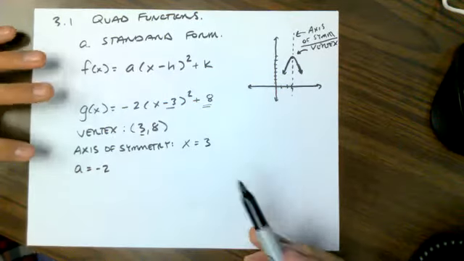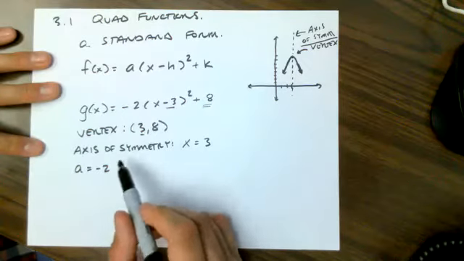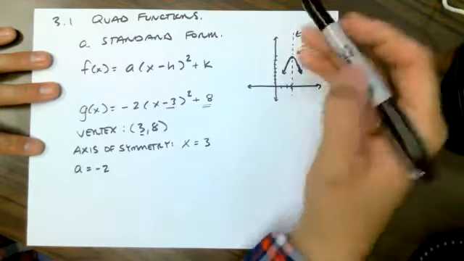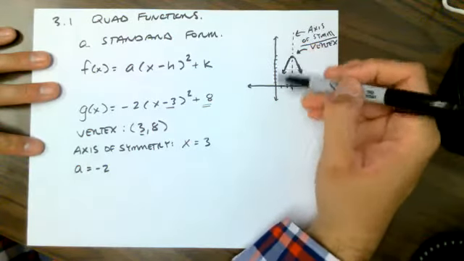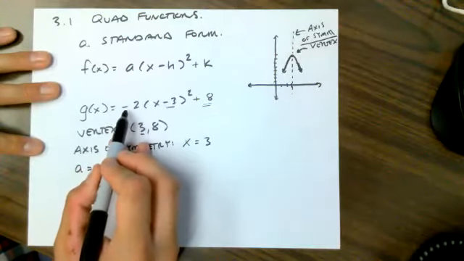So the a value, though, is negative 2. This tells us if our vertex is a min or a max, right? Remember, the fact that it's negative means that we flipped this quadratic. Instead of it smiling, really it's frowning because this value is negative.